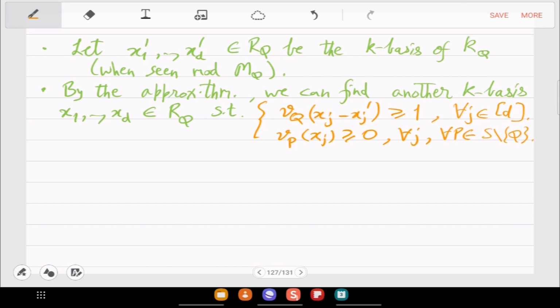It's given by the valuations of all the points in S. So with respect to this distinguished point Q, xj and xj prime are approximately the same, and for other points, the valuation is non-negative. Okay, this simultaneous system can be solved by the approximation theorem that we have seen two to three weeks ago. So this will give you x1 to xd. These are just the primes slightly modified. Is that clear?